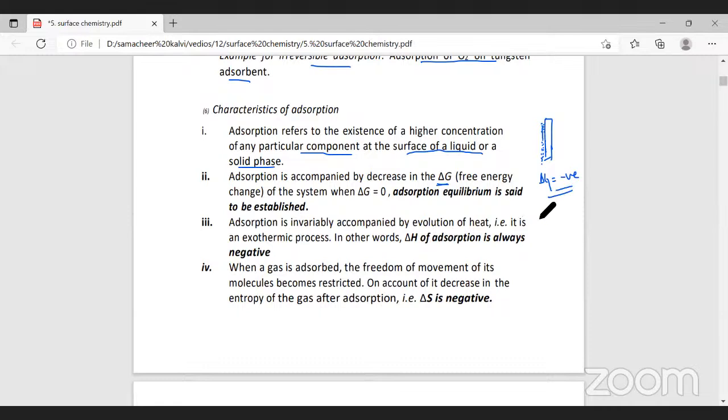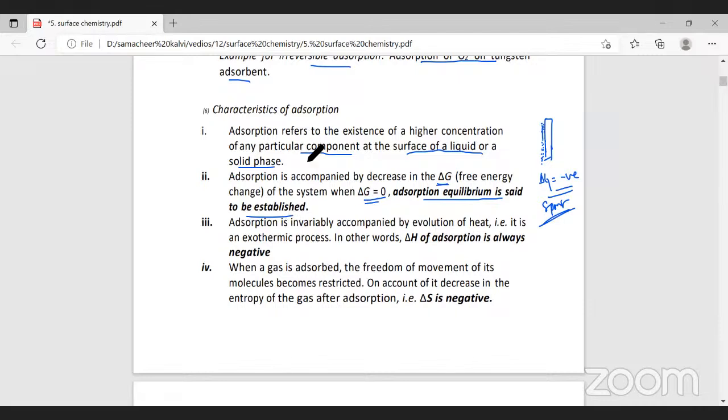When there is a decrease in free energy, adsorption is a spontaneous process. It happens by itself and requires no external energy. When delta G is equal to 0, adsorption equilibrium is said to be established.